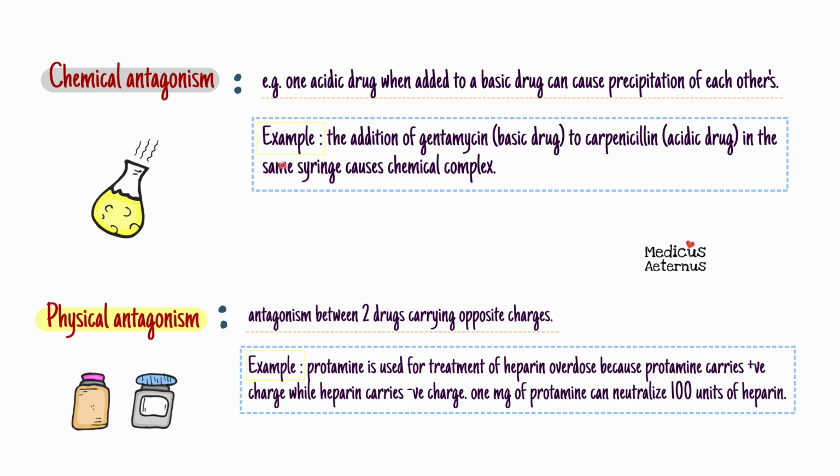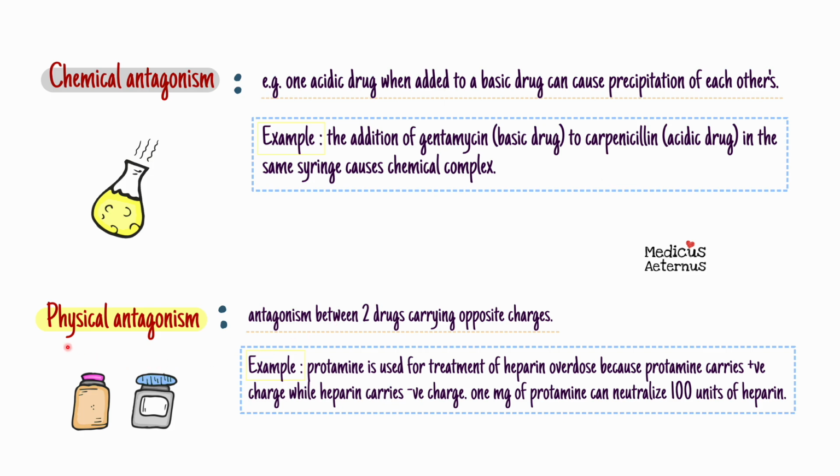As a bright example of this kind of antagonism, we have gentamicin, which is an aminoglycoside antibiotic. If you add it with carbenicillin, which is also an antibiotic, but gentamicin is basic, whilst carbenicillin is acidic, both of them will combine with each other and neutralize each other, and the effect will not be reached at all.